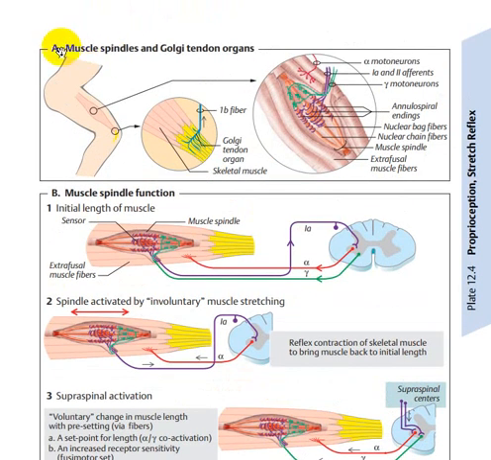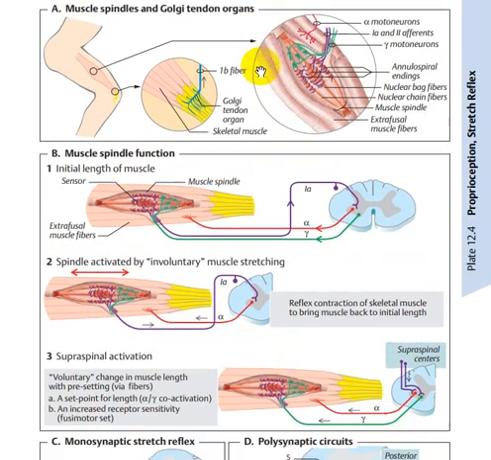So now let's see the next sense organ, which is the muscle spindle, which is used in terms of stretching. The muscle spindles consist of two main fibers. You have the nuclear chain fibers, the long one, and you have the nuclear bag fibers, which have this big site here.